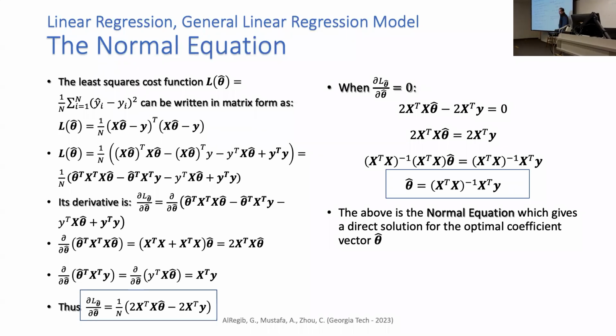And now I have a closed form solution for theta hat, which only depends on x, the matrix that includes my data, and the ground truth from the sample. So all that I have in here is coming from the ground truth, from my training set, right? This is a closed form. We refer to these as the normal equations, which give us a direct or closed form solution for our thetas in here. Any question?